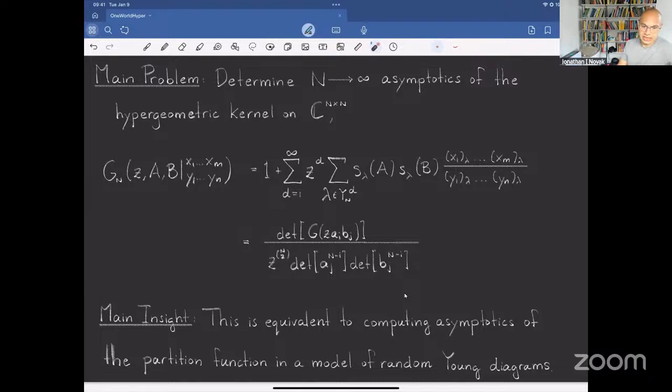The main insight that I want to impart to you today, if there is one, is that this question is equivalent to computing the asymptotics of the partition function in a model of random Young diagrams.